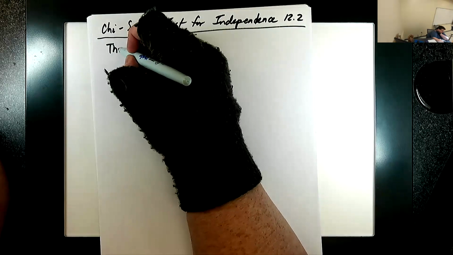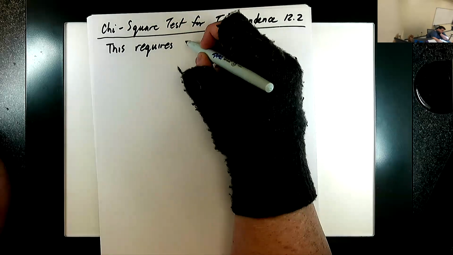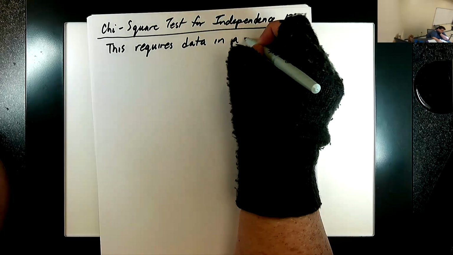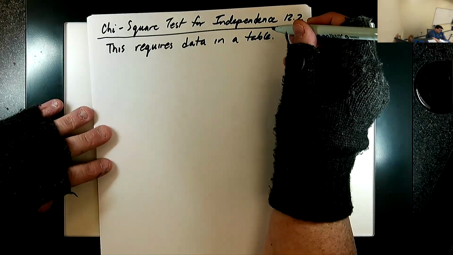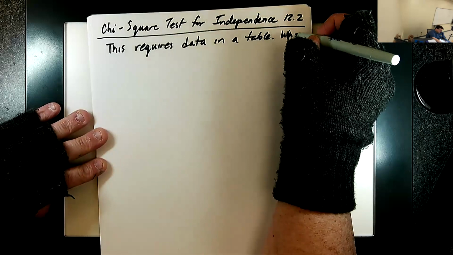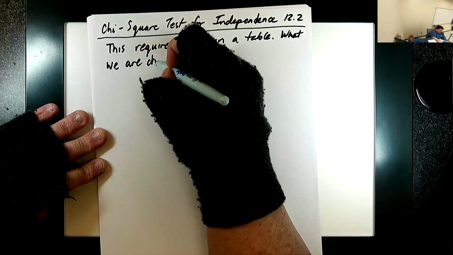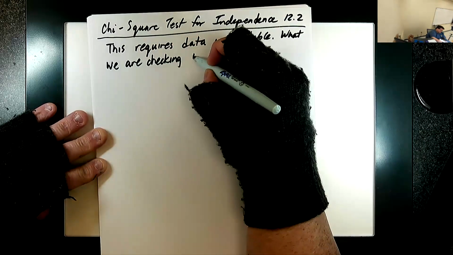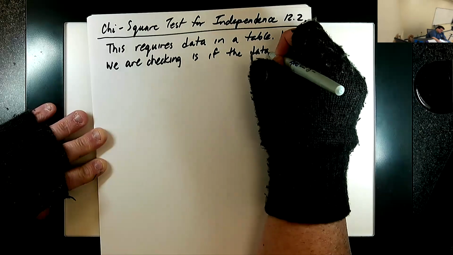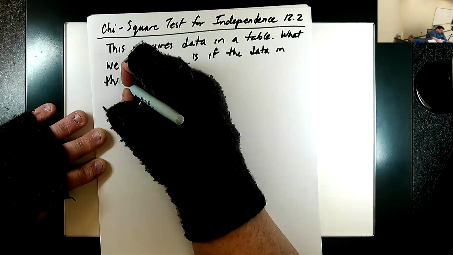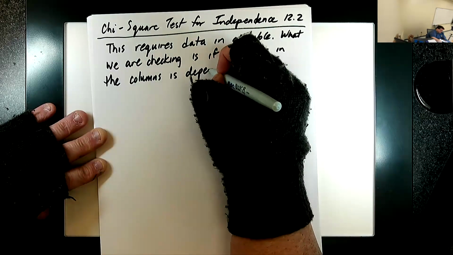This requires tabled data. What we're checking is if the data in the columns is dependent on the row labels.